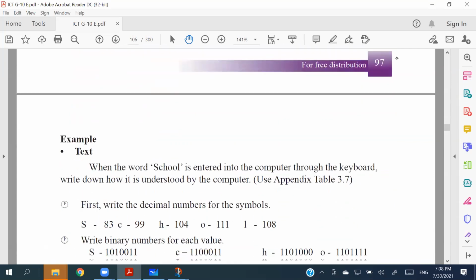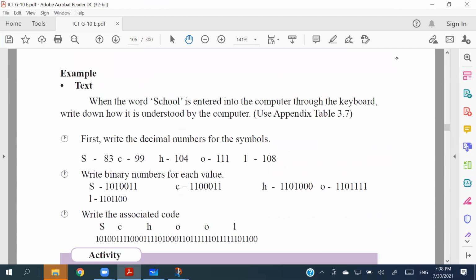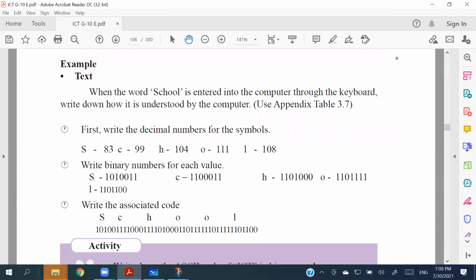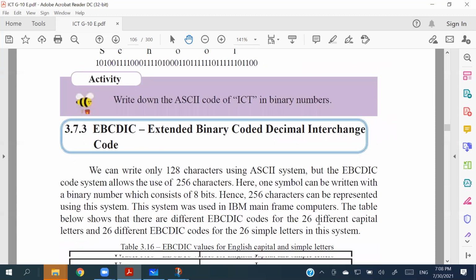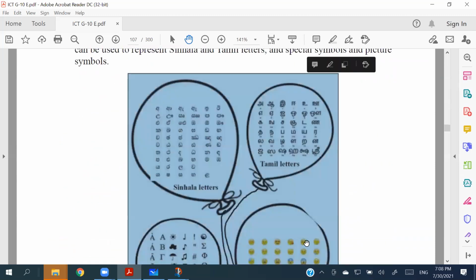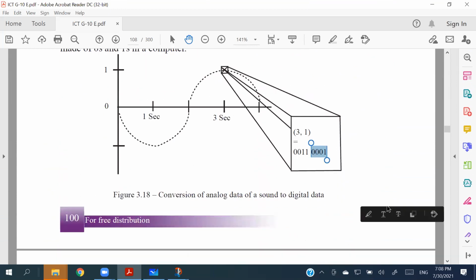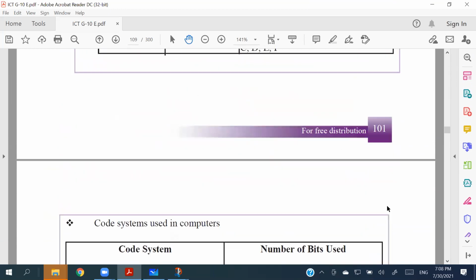Right. So this is the example which explains what I have said to you. What they are saying here is, when the word school is entered into the computer through the keyboard, write down how it is understood by the computer. They say use appendix table 3.7. The table is at the end of your note, end of your lesson, right?